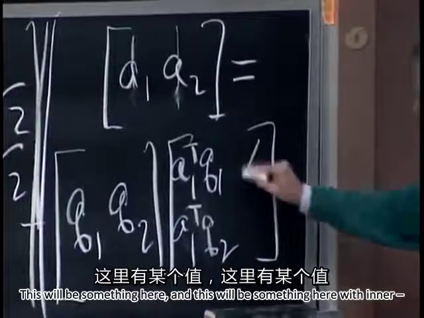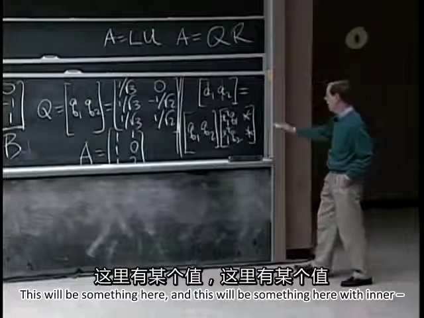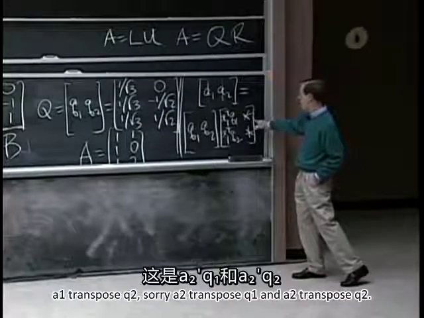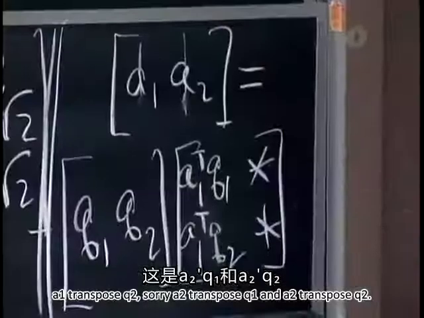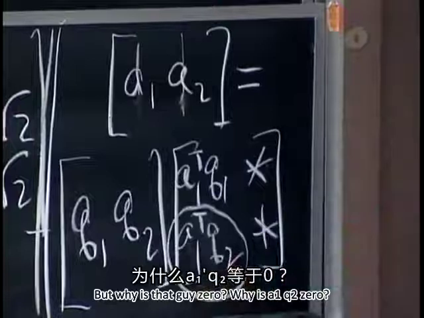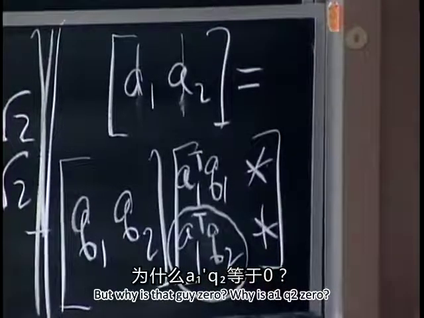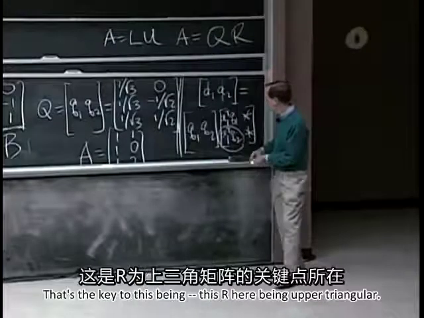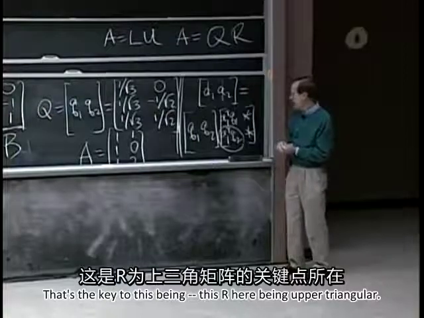And this will be something here, and this will be something here, with A2 transpose Q1 and A2 transpose Q2. But why is that guy 0? Why is A1 Q2 0? That's the key to this R here being upper triangular.